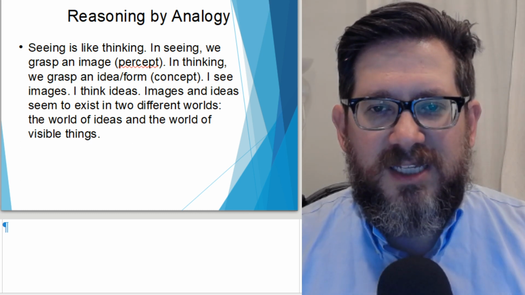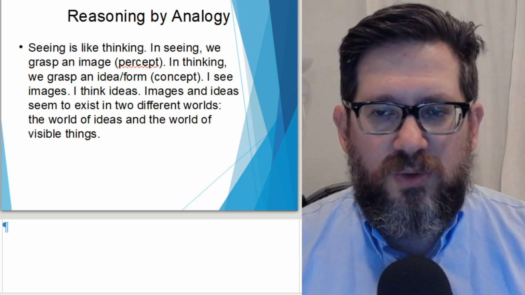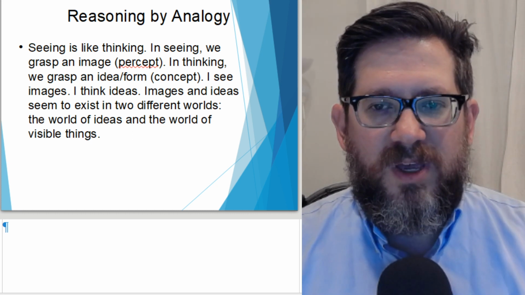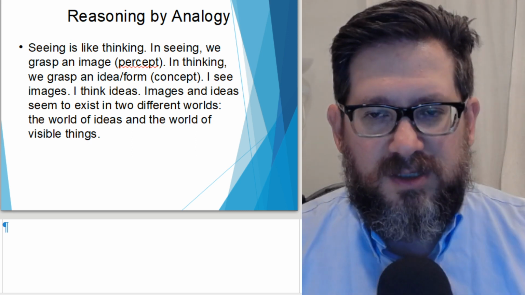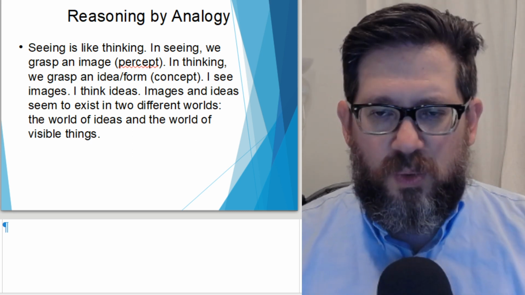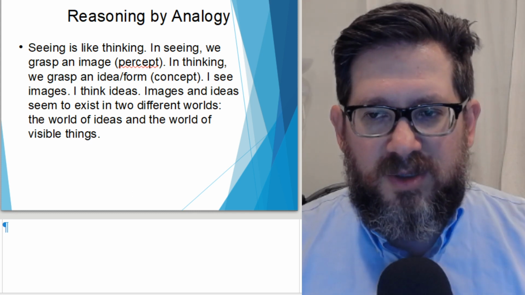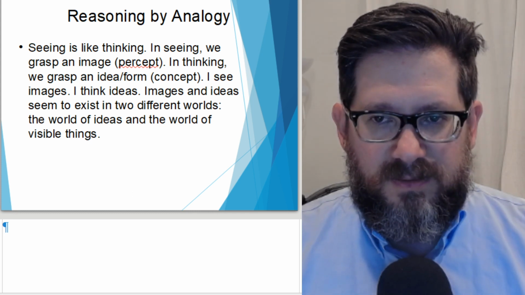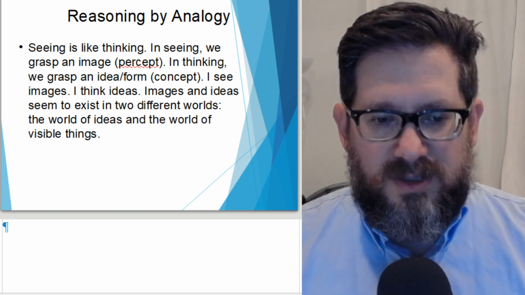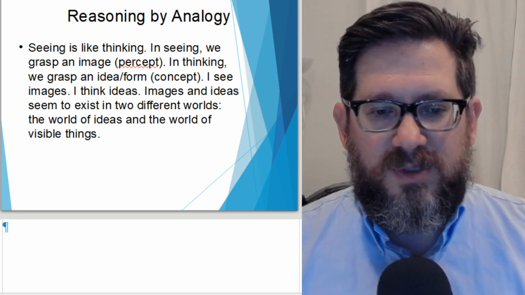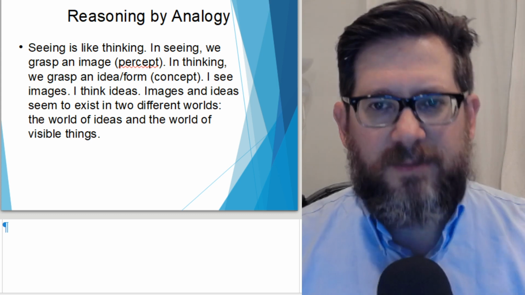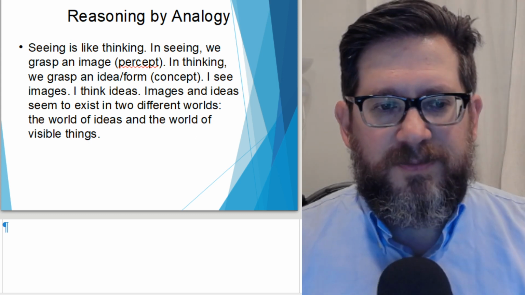These images and ideas seem to exist in two different worlds. We have the world of ideas, and the world of visible things. So we're setting up two worlds that seem to be analogous, similar, different. Definitely they're not the same, but they both seem to operate in a similar way, this grasping.